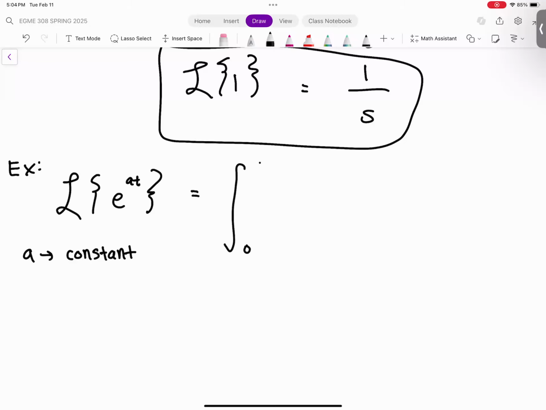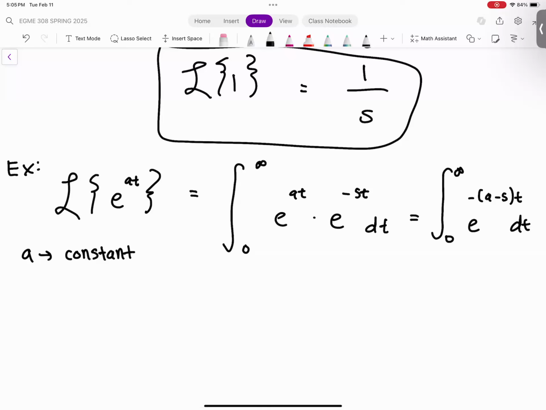So we have the integral from 0 to infinity of e to the at multiplied by e to the minus st dt. Since we have two exponential functions here, let's combine them into one. And so we have the integral from 0 to infinity of e to the (a minus s)t dt.